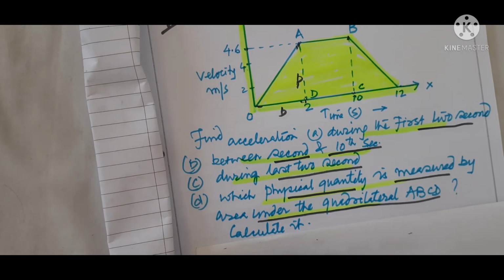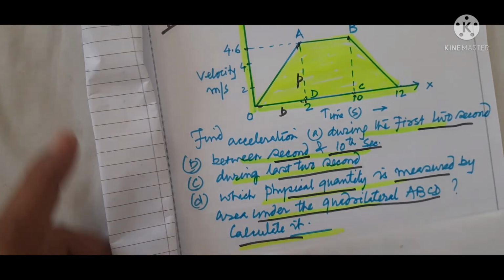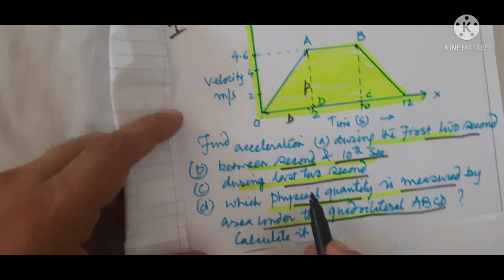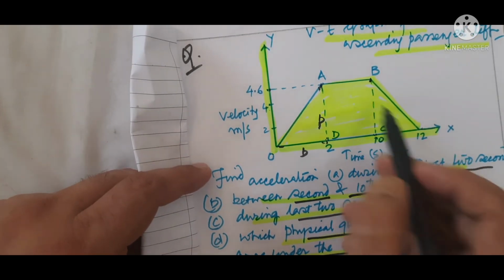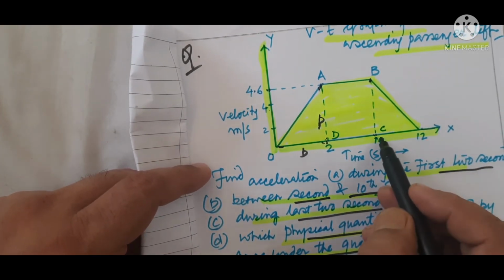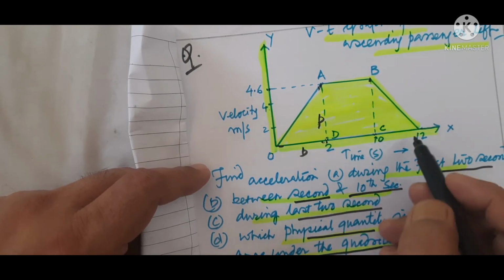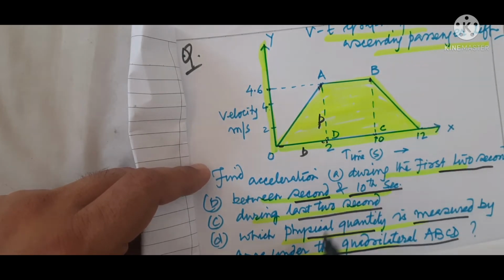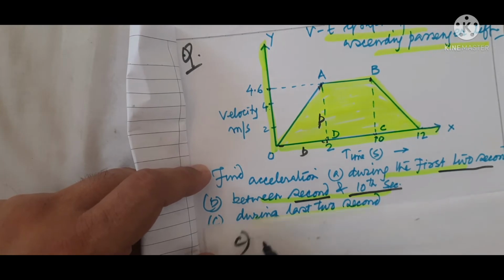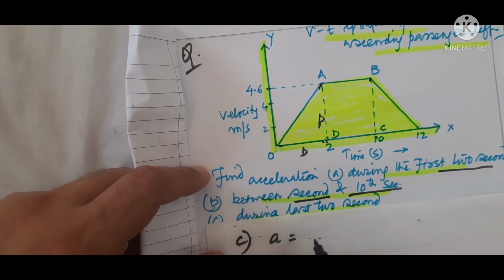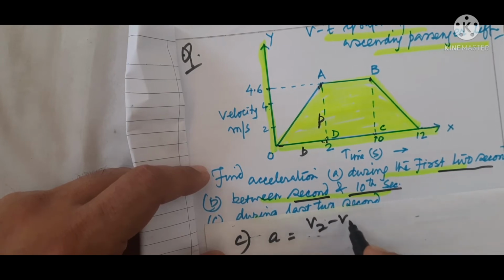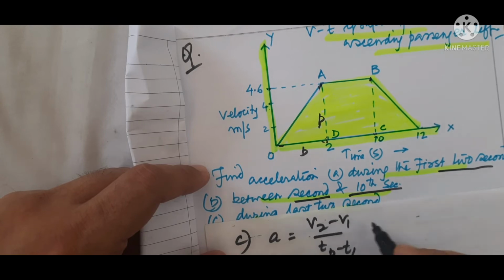Now the third case, C. During the last 2 seconds, here 12, here 10, that is the last 2 seconds. We have to find the acceleration here. V2 minus V1, its slope. That is, acceleration is equal to V2 minus V1 by T2 minus T1, meaning net change in velocity by net time.